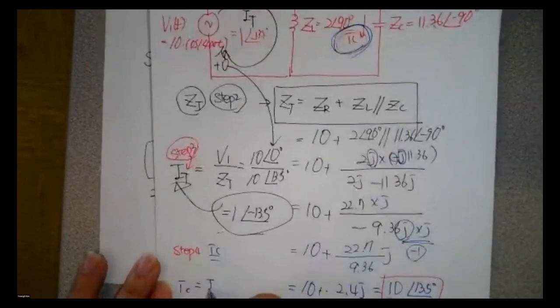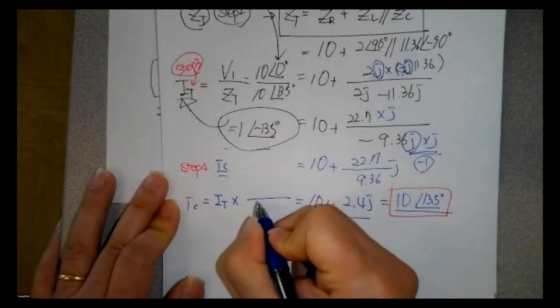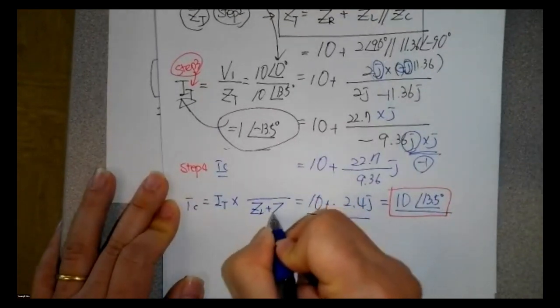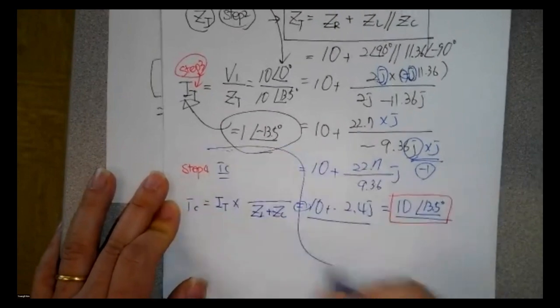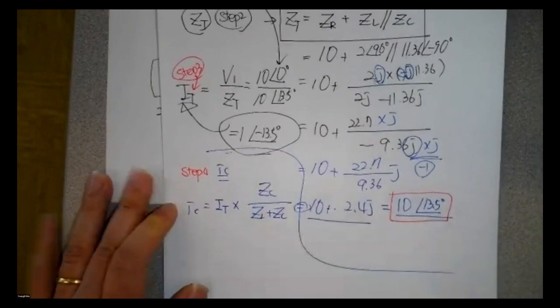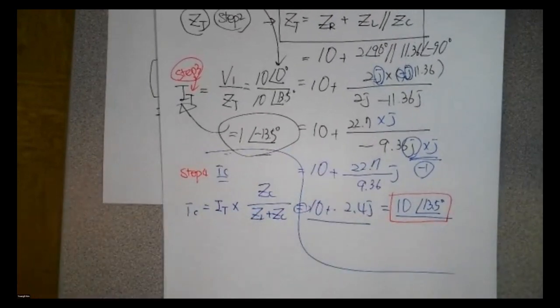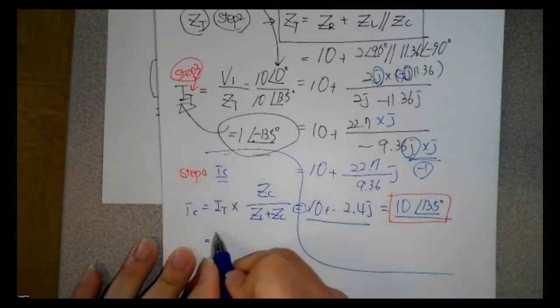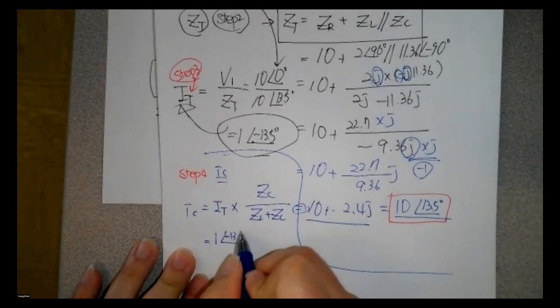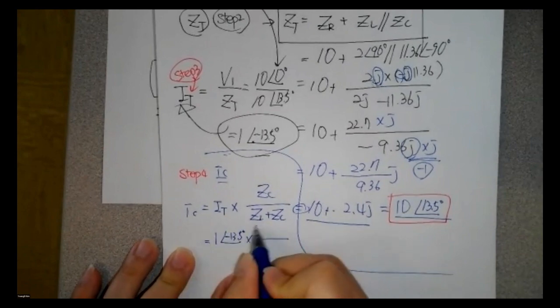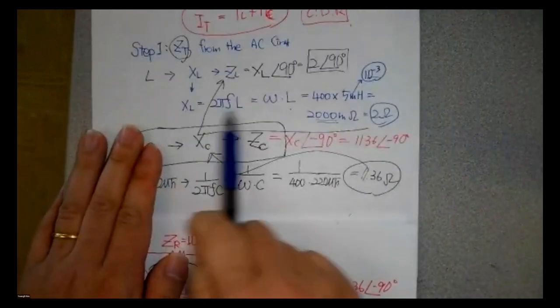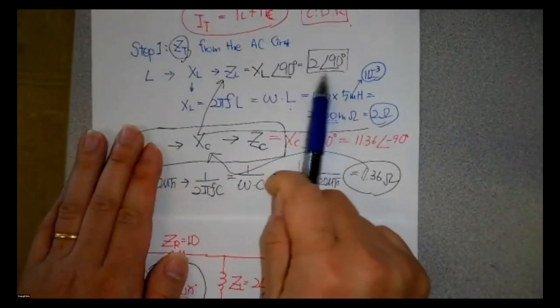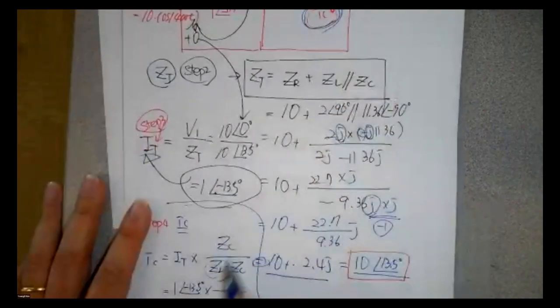So maybe I sub T multiply Z sub L plus Z sub C over Z sub C. So I sub T we have already calculated, 1 at minus 13.5, and Z sub L, we have already calculated before, just right there, 2∠90.